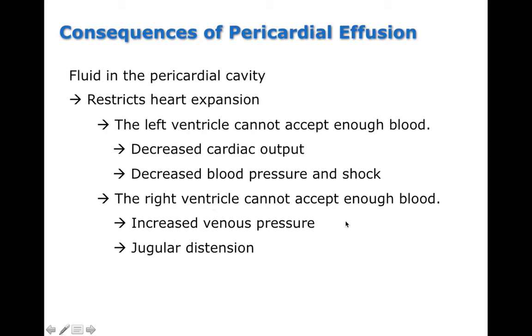So if the right ventricle can't accept enough blood, you get an increase in venous pressure, and you get jugular venous distension. And you might wonder, why would you look at the jugular veins? Well, the jugular veins are pretty superficial in the neck, and because they're superficial and easy to access, they're something that's really easy to look at. There are also other superficial veins in the body, but typically people's necks are exposed, so it's easier to identify venous distension via the jugular veins.